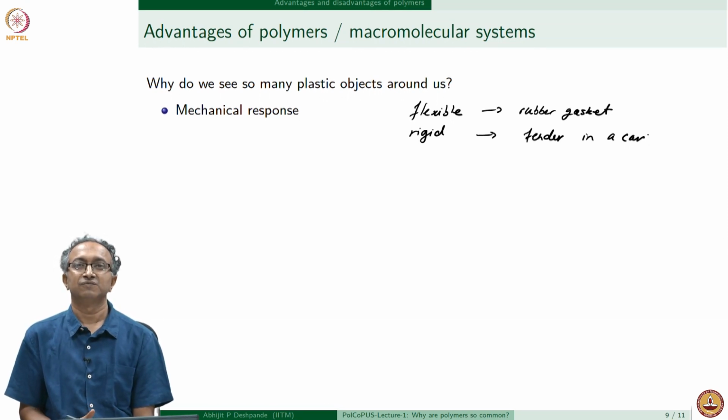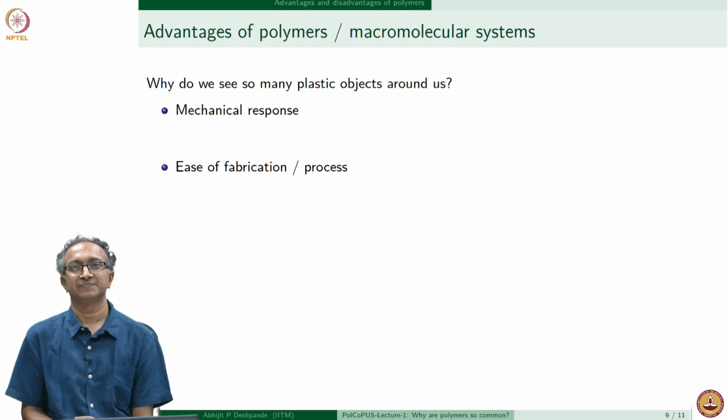So one key set of advantages of these polymers is the range of properties that you can get from them. What is another advantage that you can think of? One of the key reasons that we see so many complex shaped objects around us made out of polymers or plastics is that they are very easy to fabricate.